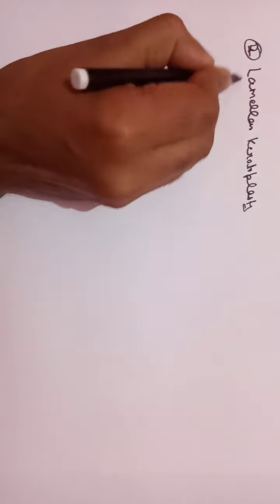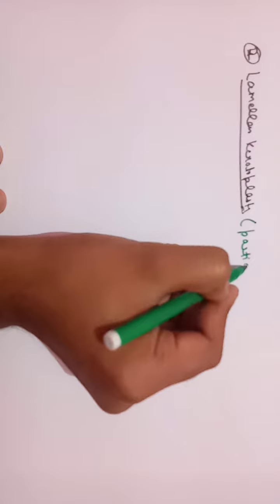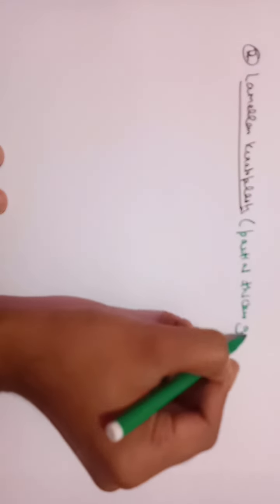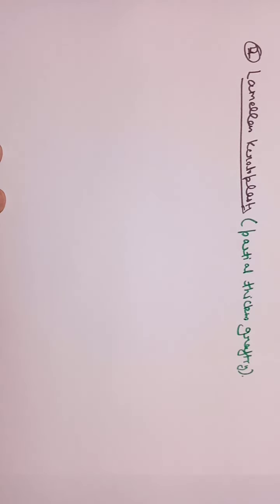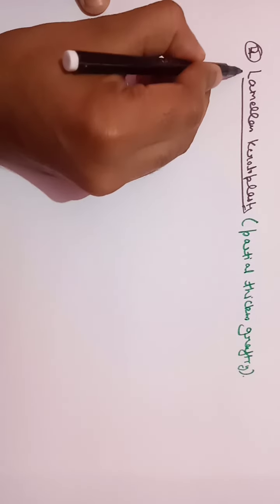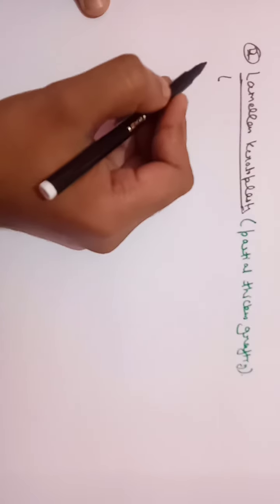What is laminar keratoplasty? It is also known as partial thickness grafting. In laminar keratoplasty, we replace the diseased cornea with a donor cornea according to the layers defect.